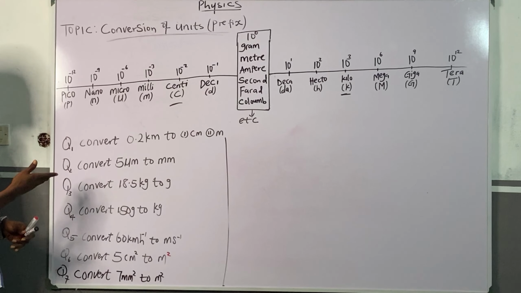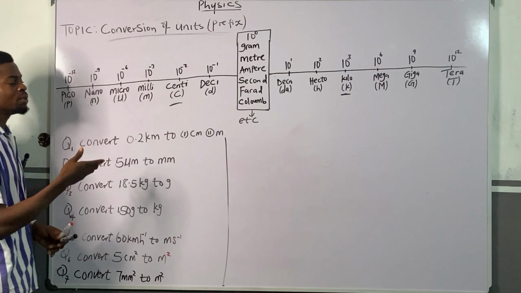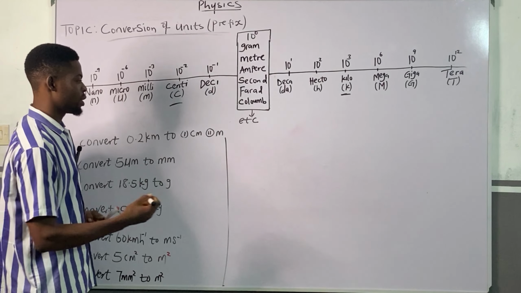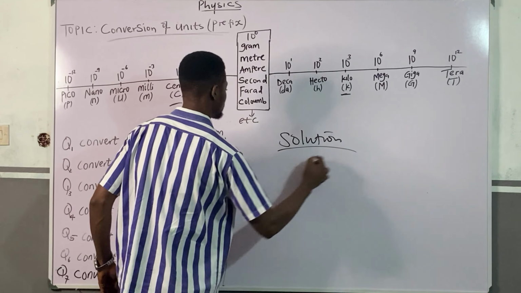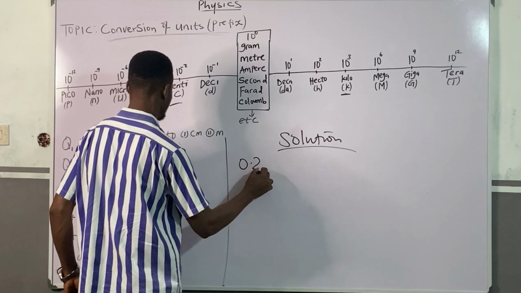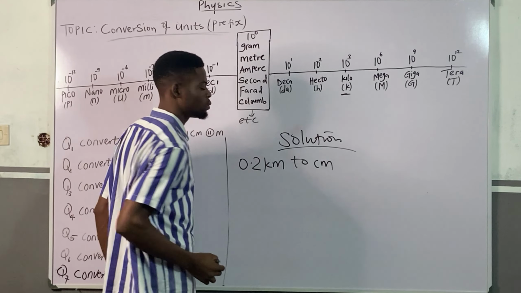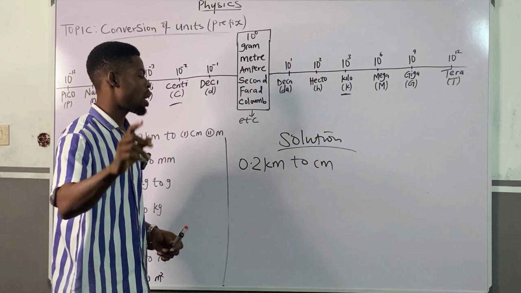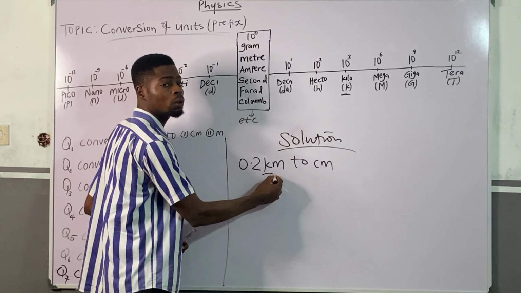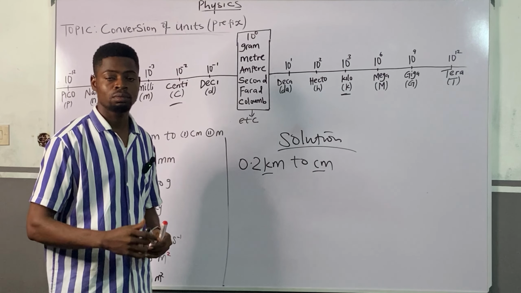Example number 1 says convert 0.2 kilometer to centimeter. Now the two units we are talking about here are kilo and centi. Those are the two prefixes here.